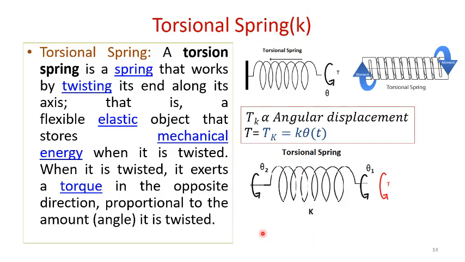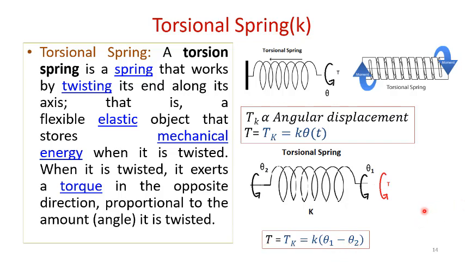If we consider a torsional spring which is having both ends free, or we are going to have an angular twist on both ends, then the restoring torque or the resistive torque is given as Tk is equal to K into the net change in angular displacement, that is theta 1 minus theta 2.